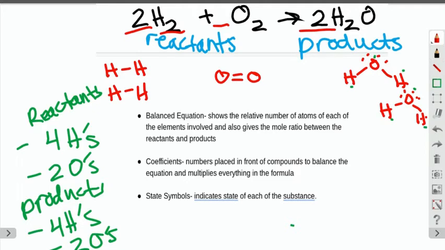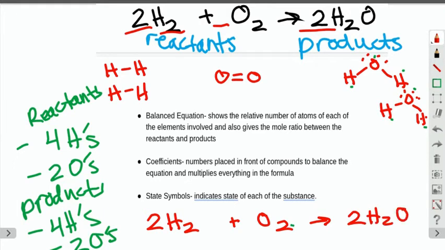State symbols is another thing that will take this to the next step. So I'm just going to rewrite these formulas at the bottom, and I will draw in their state symbols. State symbols indicate the state of each of the substances, and states is really what type of matter you have.